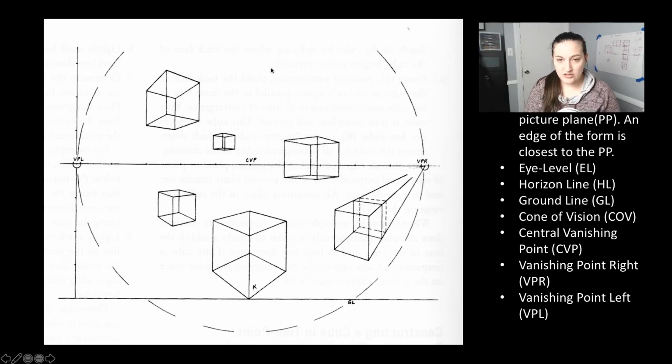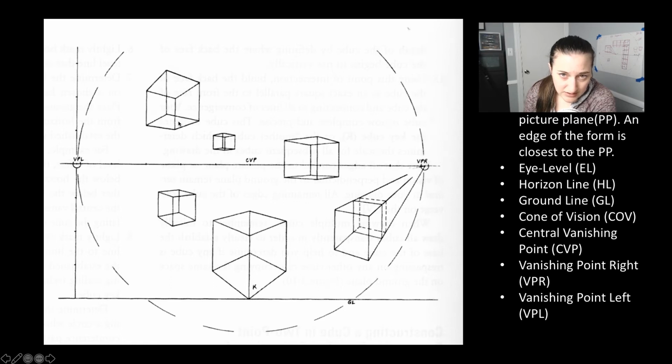That's why this CVP is labeled. Say there's an imaginary vertical line that goes between your 2 eyes and divides your picture plane right in half, right? There's this imaginary line, imaginary plane. As things move to the left or to the right of that imaginary plane, you start seeing more of one side or the other. Same thing with 1-point perspective, how I was showing you that, but even more so in 2-point.